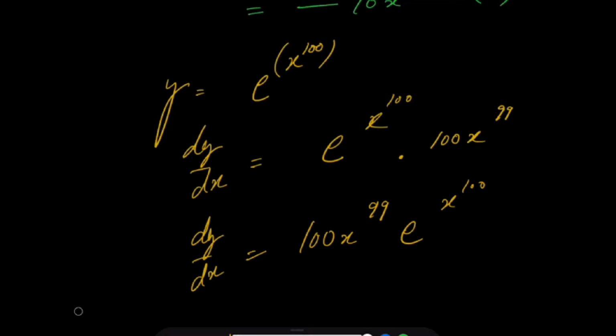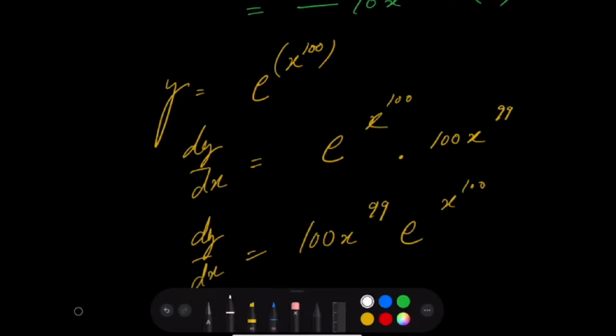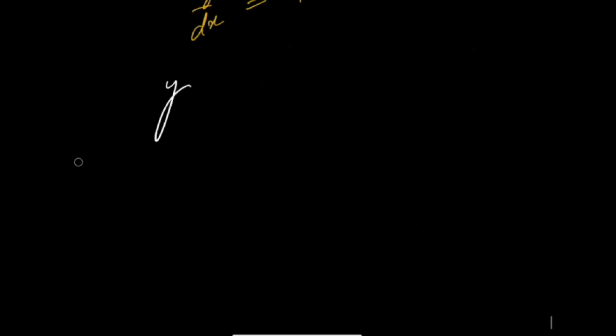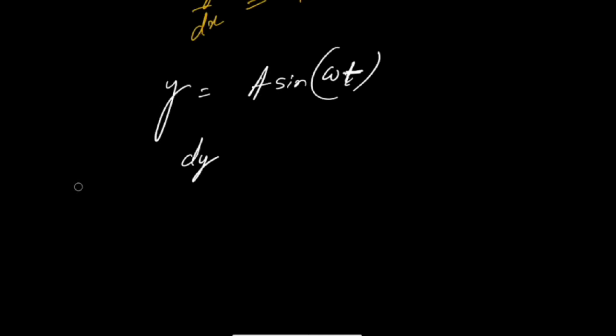I'll do one more example. If y is equal to a sine omega t. Now here instead of x it is a function of t. So instead of asking dy by dx, I'll ask dy by dt. So dy by dt is what?